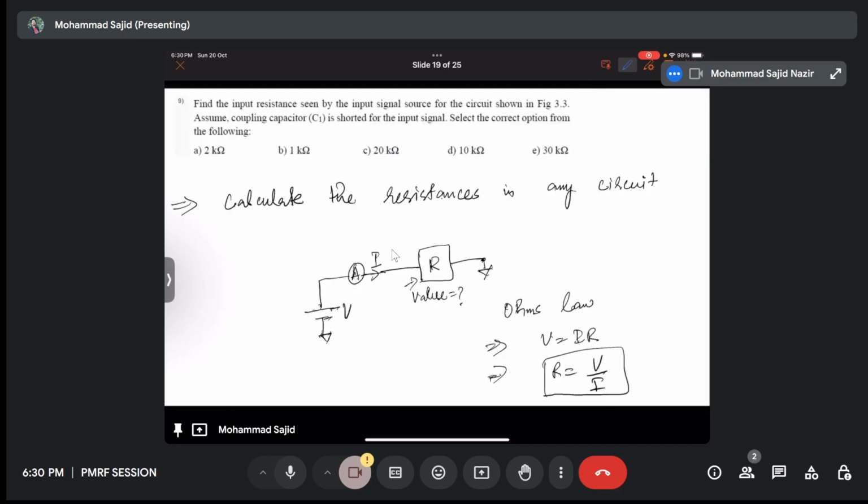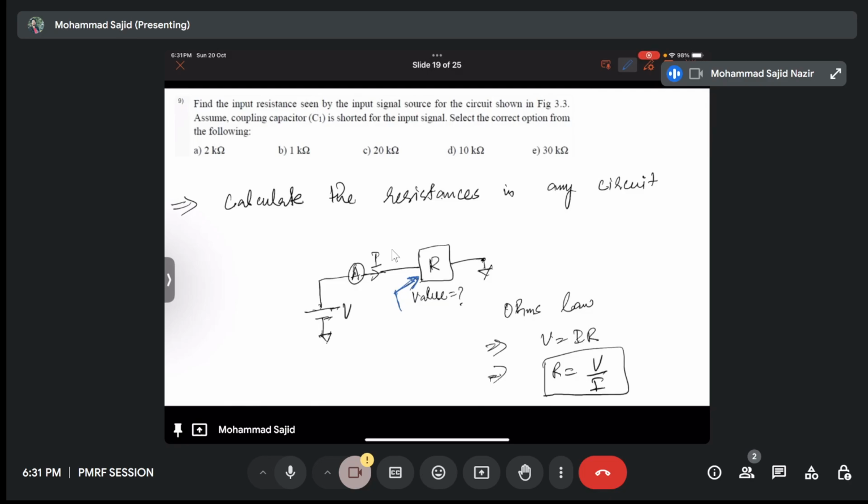Okay. Now one more important concept, and that is the calculation of resistances in any circuit. So let's say you have this block with resistor R. You want to know what the resistance is. What you will do in the lab is you take the voltmeter and the ammeter, you connect the ammeter in series, and you apply a battery with a known voltage.